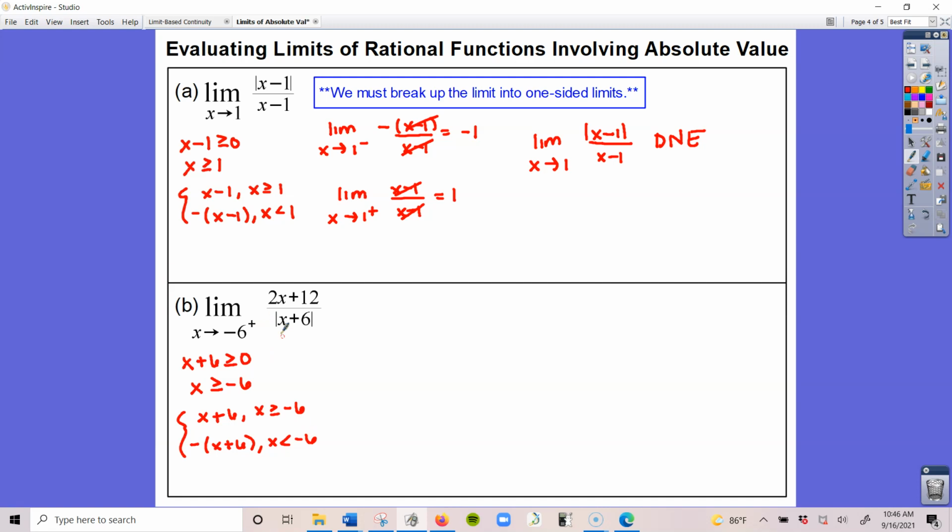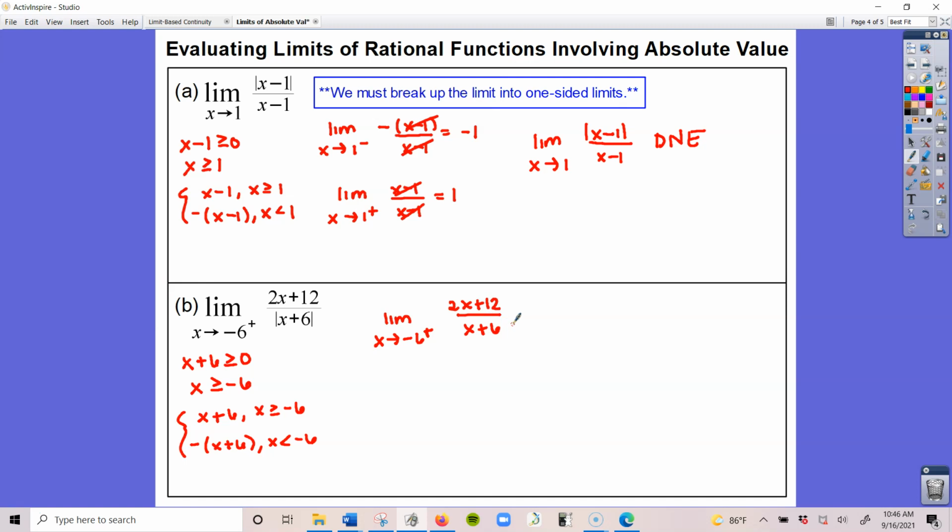So now we're trying to evaluate the limit as x approaches negative 6 from the right of 2x plus 12 over the absolute value of x plus 6. Now this is from the right side, so the right side of negative 6 would be the positive x plus 6.